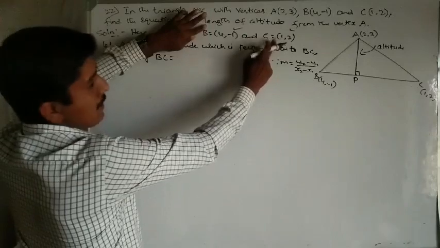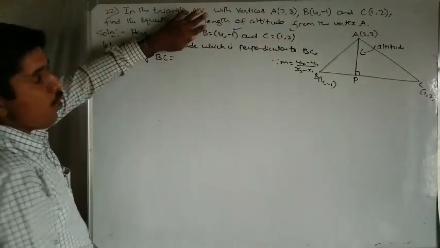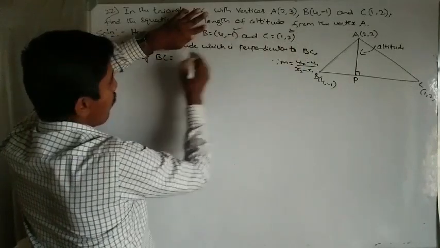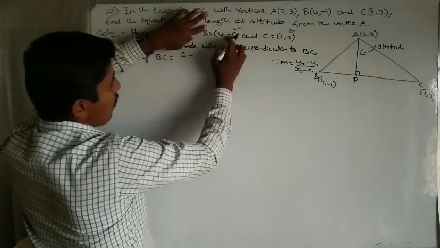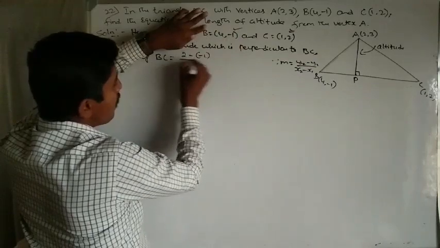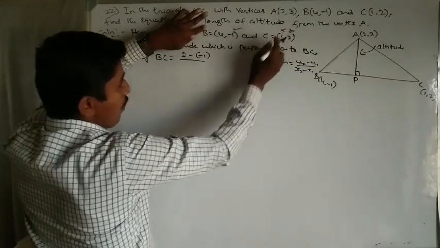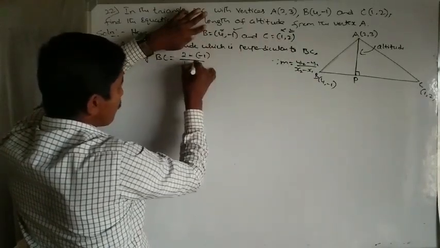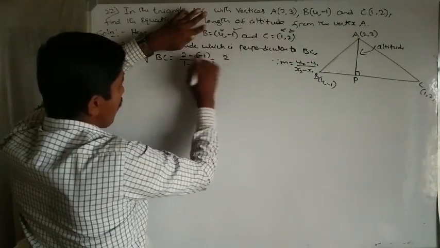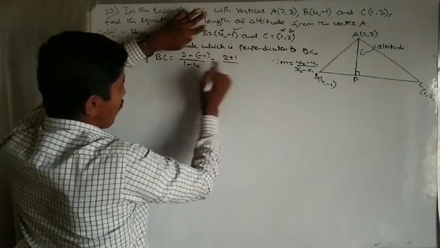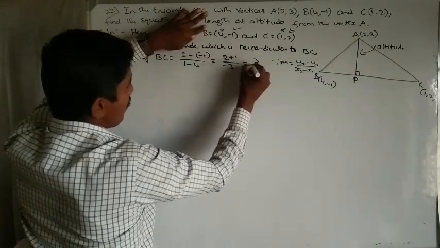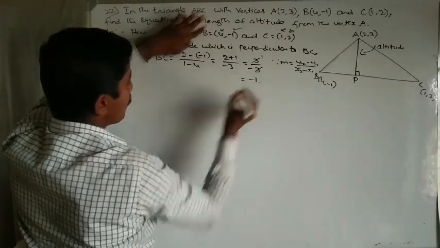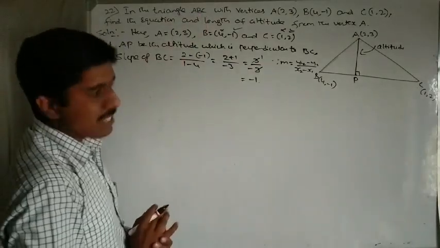Slope of BC: y2 minus y1, here y coordinate 2 minus y coordinate -1, divided by x2 minus x1, here x coordinate 1 minus x coordinate 4. That is 2 plus 1 divided by 1 minus 4, which is 3 divided by -3, that is -1. This is the slope of BC.